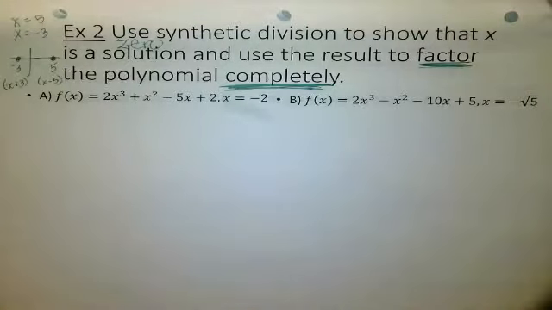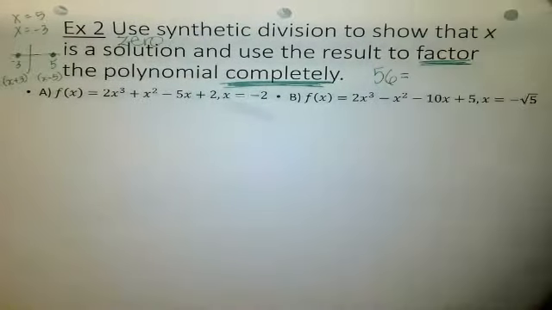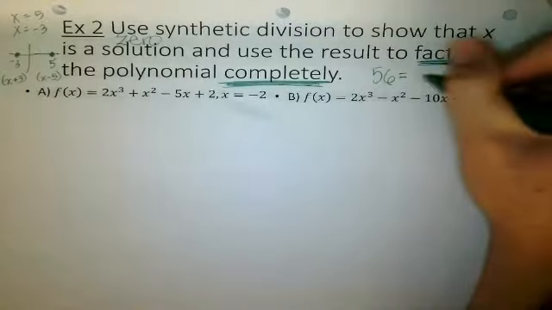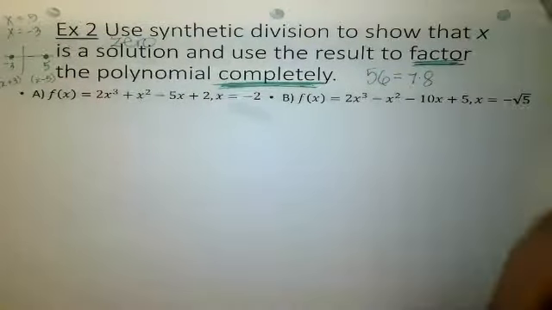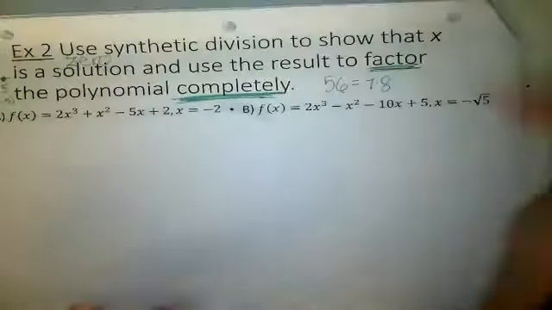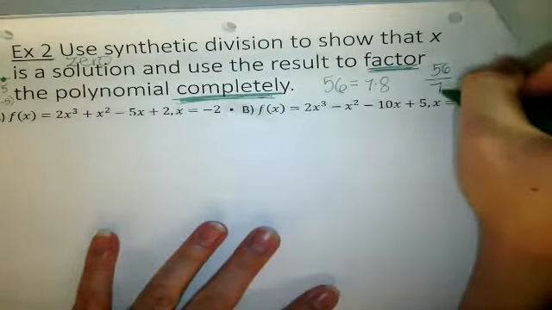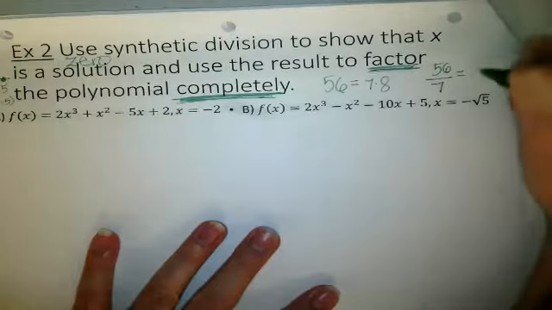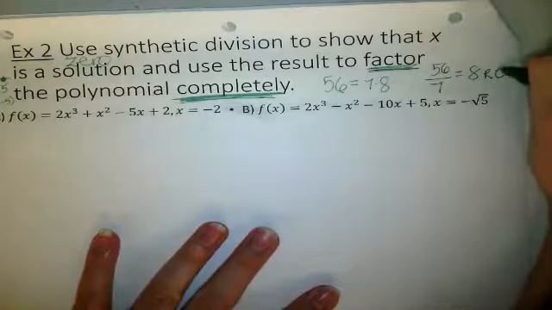Now, the other thing we draw from that is what it means to be a factor. So my question to you is, what are the factors of 56? 7 times 8, right? There's some others, but that's a good pair. The thing that makes them factors is that when we take 56 and divide by 7, what do we get? 8, remainder 0.